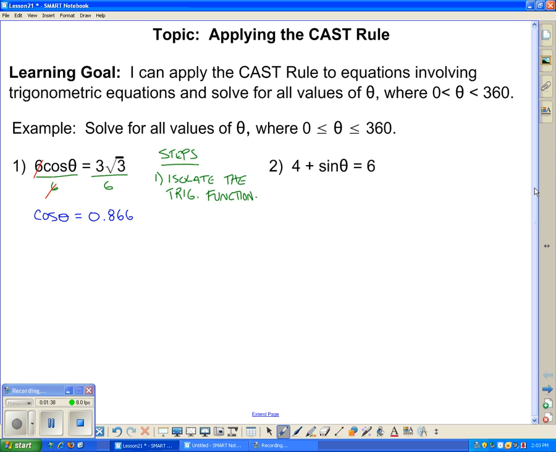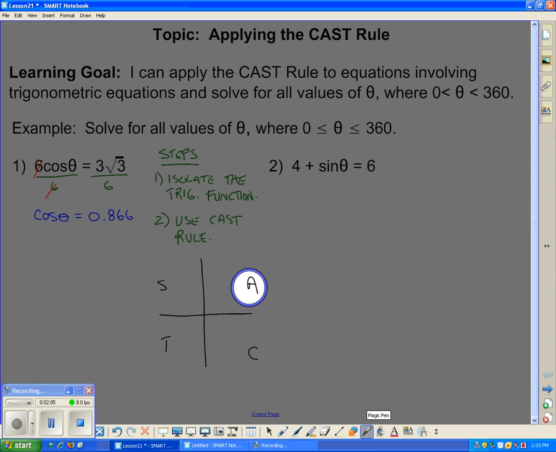To solve this, we need to use the cast rule, because what we're going to find is that there are 2 particular values where there's an answer. So here's my cast rule, and you're going to be writing this for every question, a little cast rule. In what quadrants is cos theta positive? The answer is quadrant 1, where all functions are positive, and quadrant 2, where cos is positive.